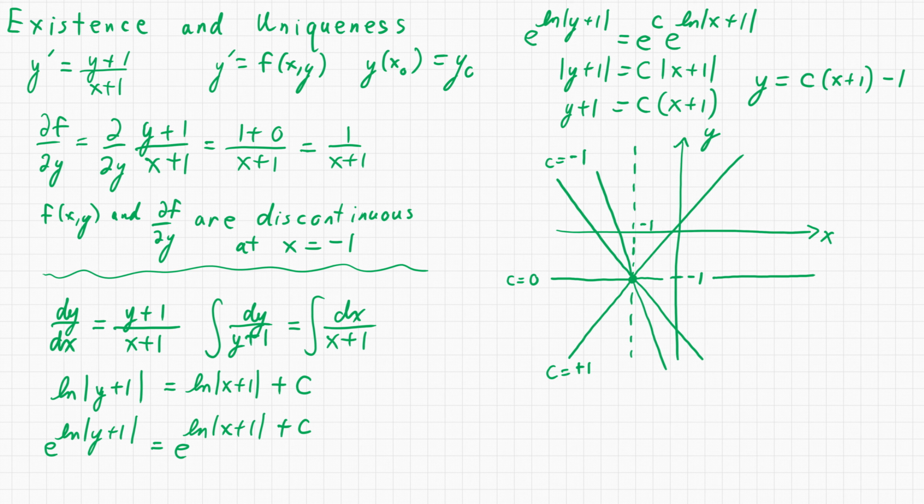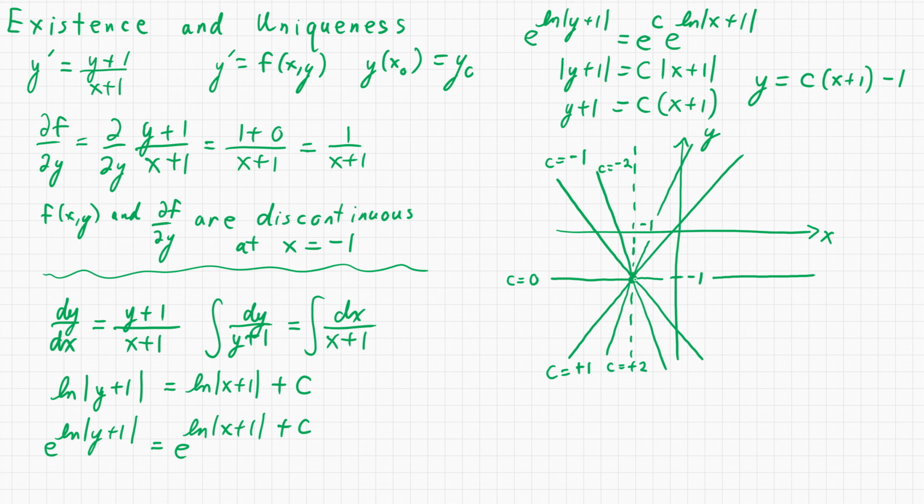So this would be c equals negative 2. And if we went the other way, this is c equals positive 2. They get steeper and steeper as we increase c, but they'll never get to vertical. They also get steeper as we decrease c towards negative infinity, but they'll never quite get vertical.